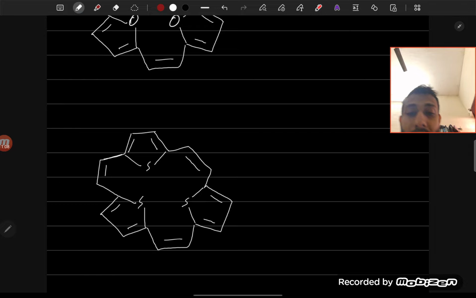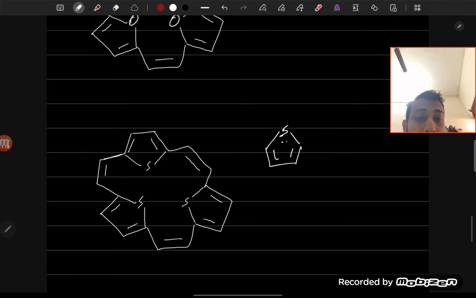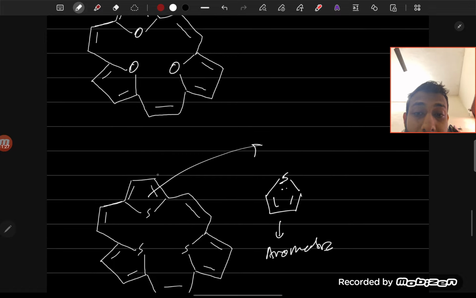And as we all know, thiophene has a good amount of aromaticity because of the lone pair. This particular unit is aromatic, but that compound is not aromatic, and this unit is individually not aromatic. Why?